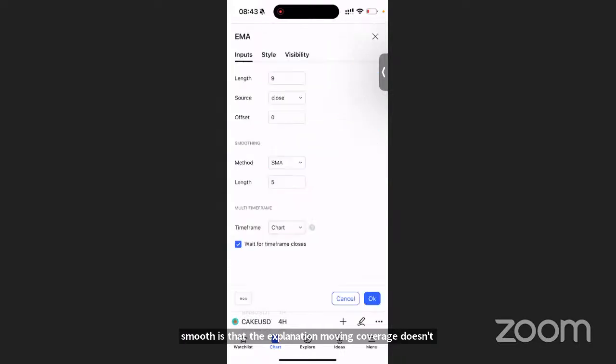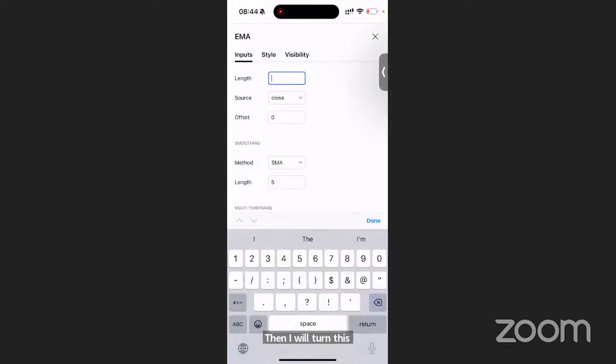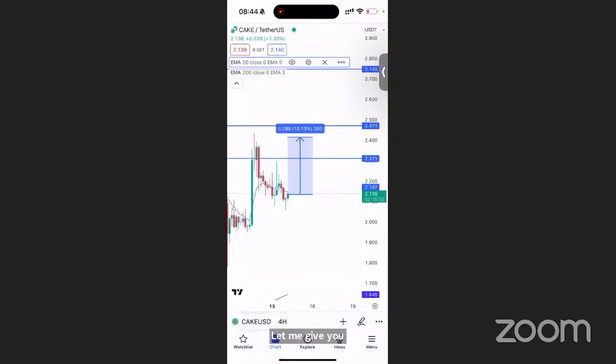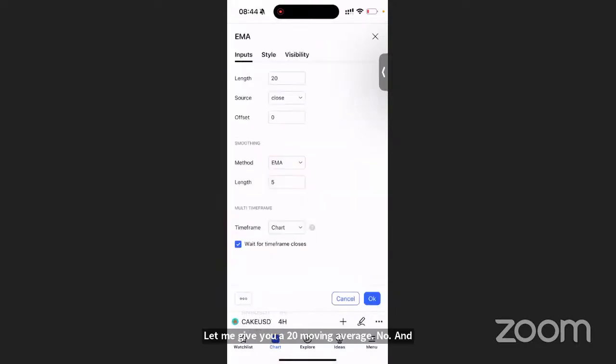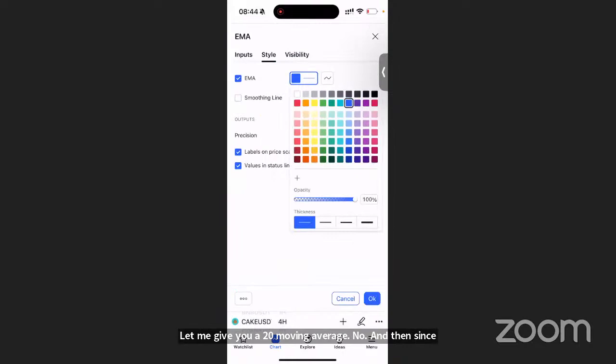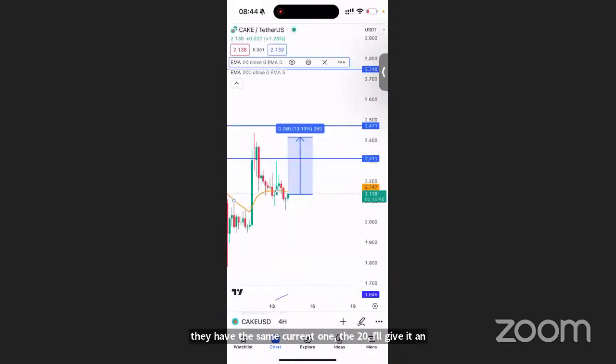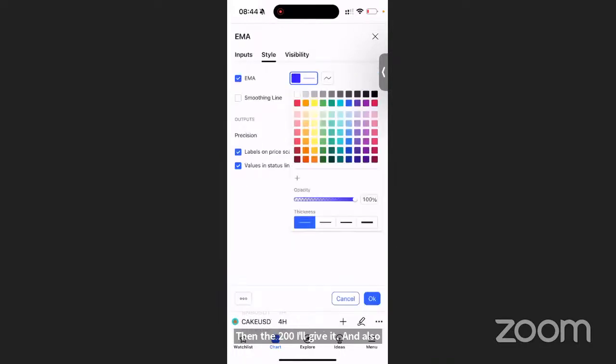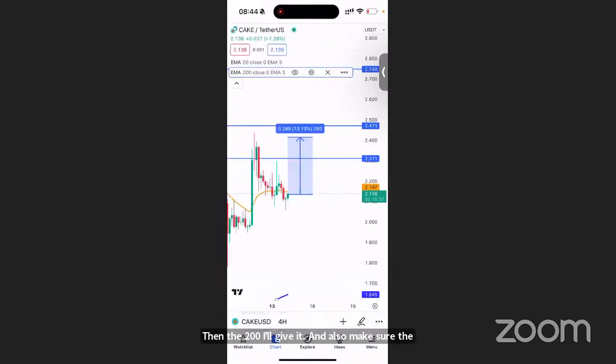Then I'll turn this, let me give it a 20 moving average. Since they have the same color, the 20, I'll give it an orange and increase its thickness. Then the 200, I'll give it blue, and also make sure the thickness is a little bit bolder.